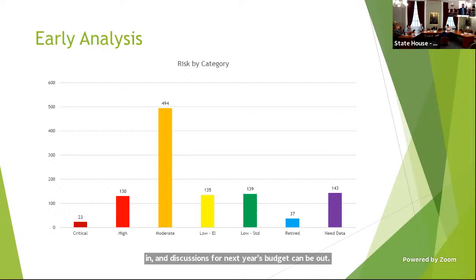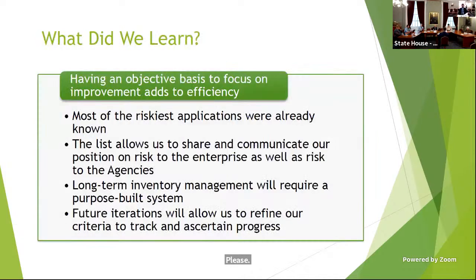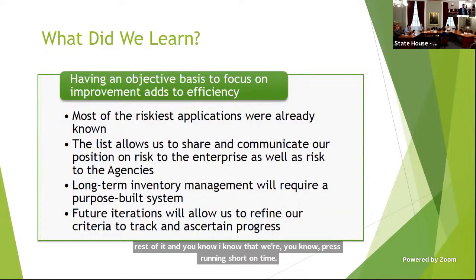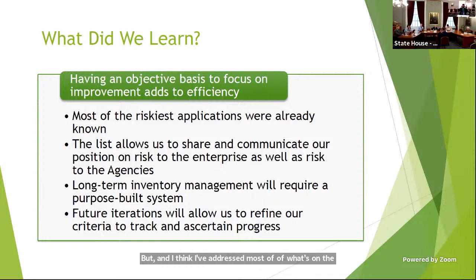Please. The rest of it, I know that we're running short on time. I think I've addressed most of what's on the next couple of slides, but as a matter of fact, under "what did we learn," that middle bullet is sort of what I just said. We want to make sure that this committee, the legislature as a whole, and the agency leadership understand that the applications as they have them, while seemingly stable to them, create a point of risk for the enterprise as a whole.